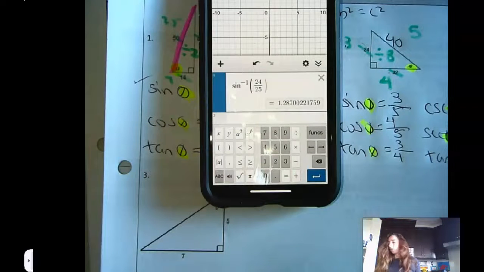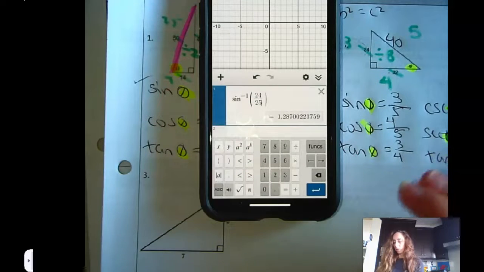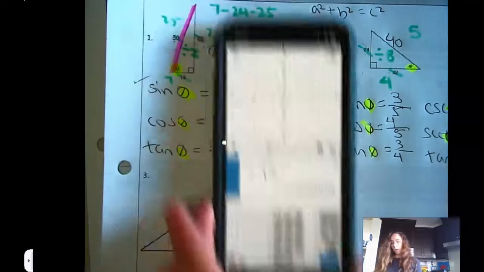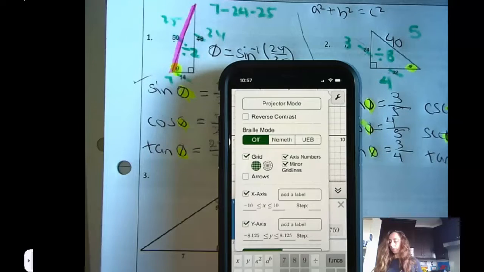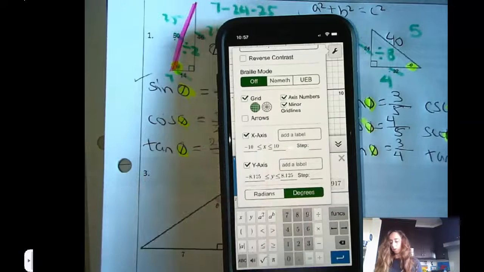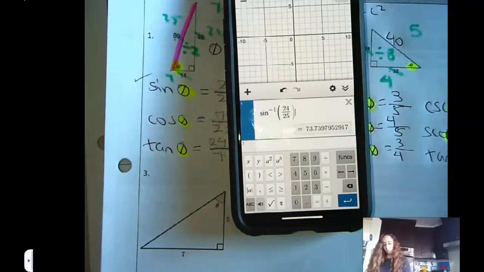But it says 1.2. What am I trying to figure out? I'm trying to figure out my degree. Is my degree 1.2? No, because I'm in radian mode. So I don't want it in radian mode. If you remember, when I want a degree, I have to go down here and change that to degree mode. Once I change it to degree mode, I get the answer, which is 73.74.